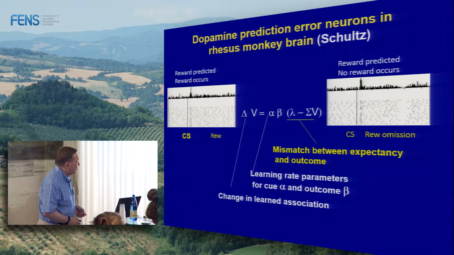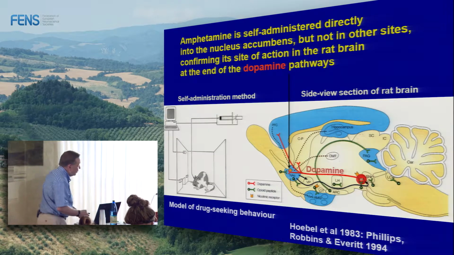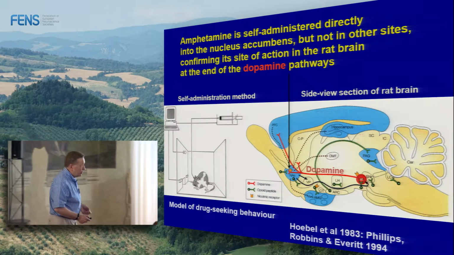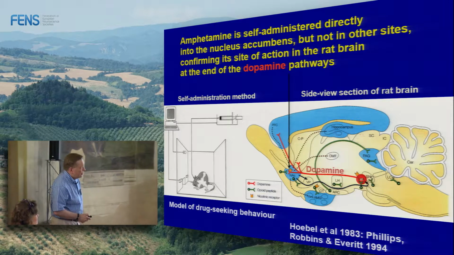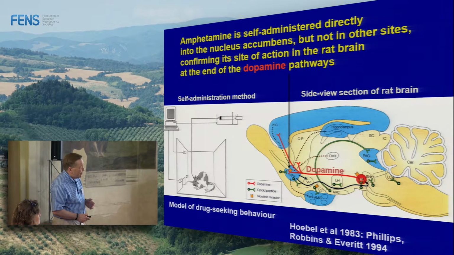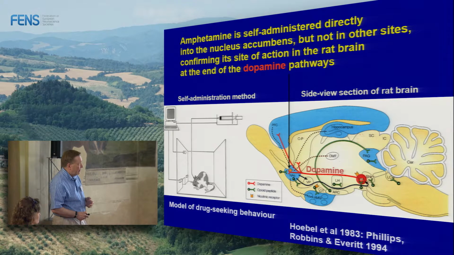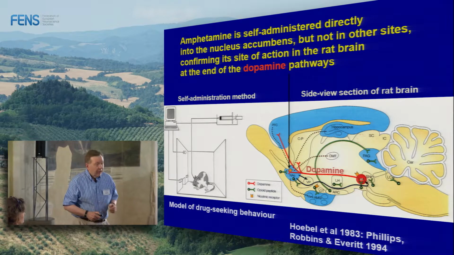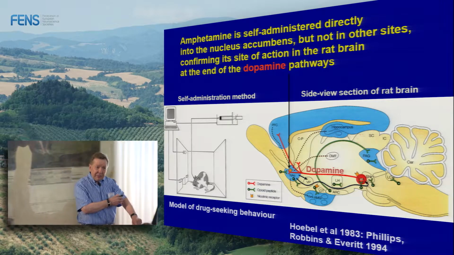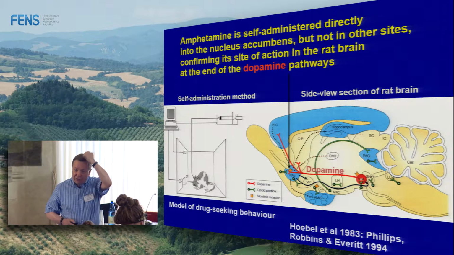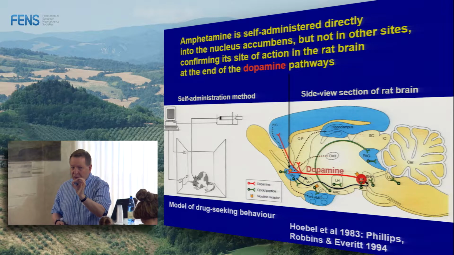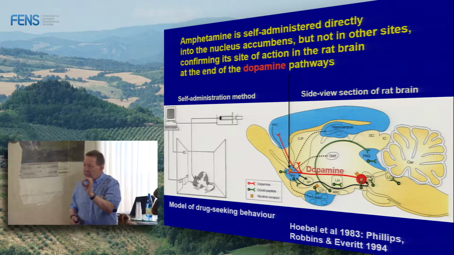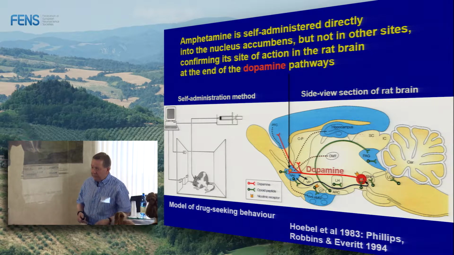And the evidence for this originally is based on work by Bartley Herbal, who showed that rats will inject amphetamine directly into their nucleus accumbens. So this is the classic self-administration paradigm. Normally the drug's injected into the vein, but in this case, directly into the brain, tiny quantities, aliquots, containing amphetamine to release dopamine.